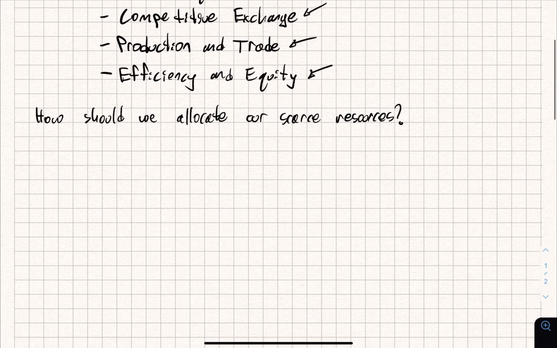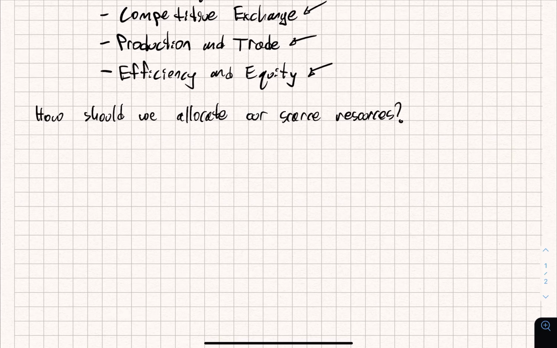There are an infinity of answers to this question. To guide our intuition, we have some general principles. The first one, we're going to call the Pareto principle. The Pareto principle basically just says that a society should favor changes that help some people without hurting anyone else.